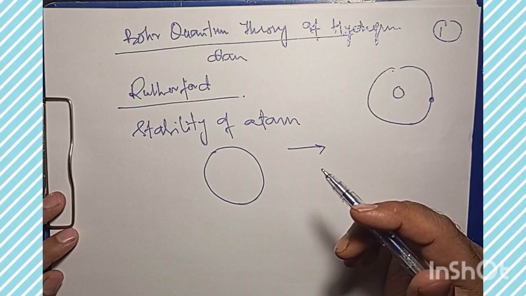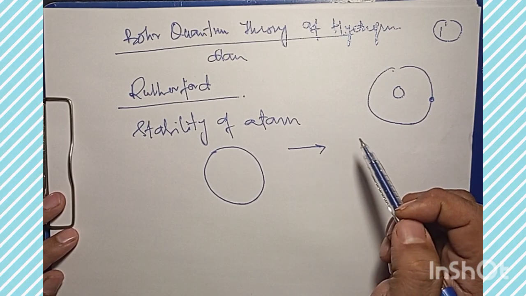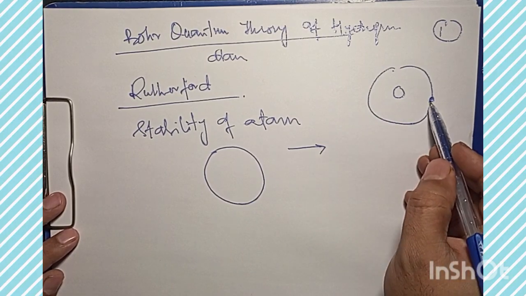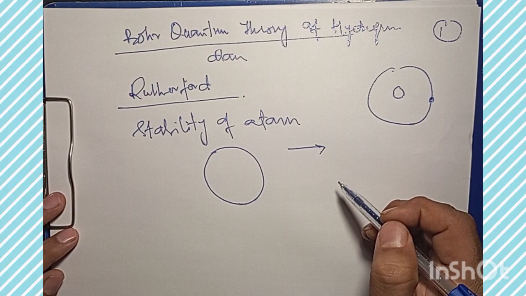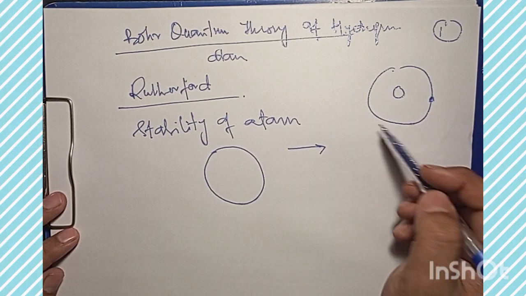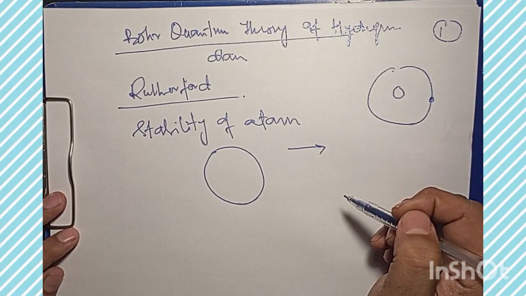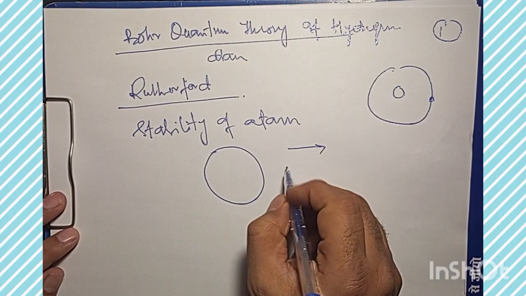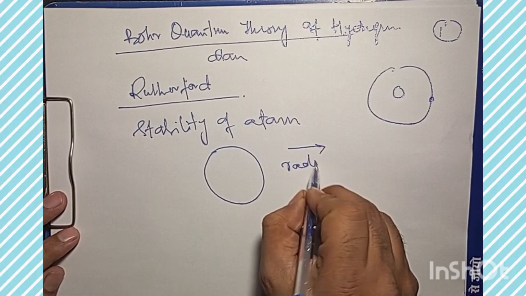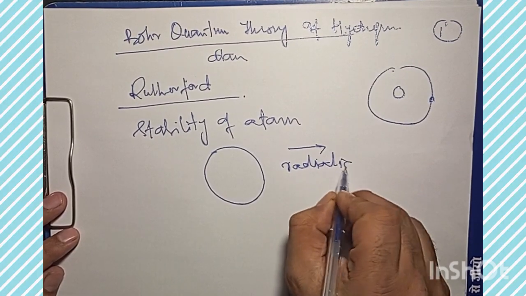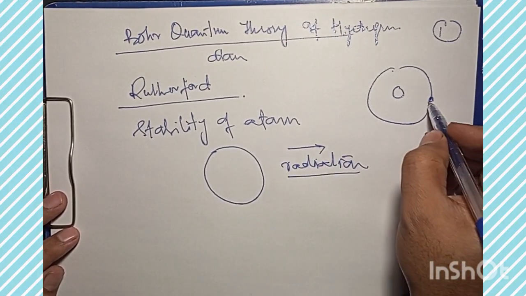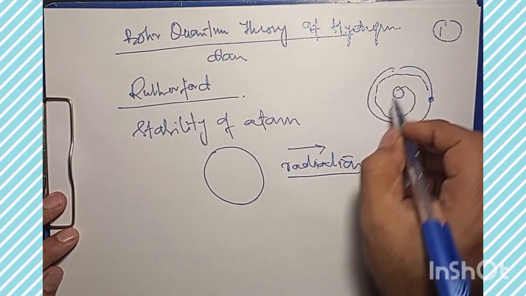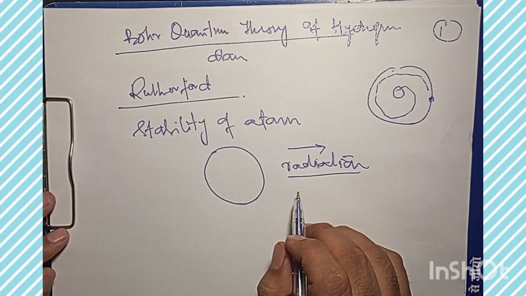Assuming that the electron is in motion would certainly mean that its velocity changes as it moves around the nucleus. The change of velocity gives birth to acceleration. So once there is acceleration, there is radiation. So there must be radiation, and the electron must lose energy continuously, and finally it should fall into the nucleus.